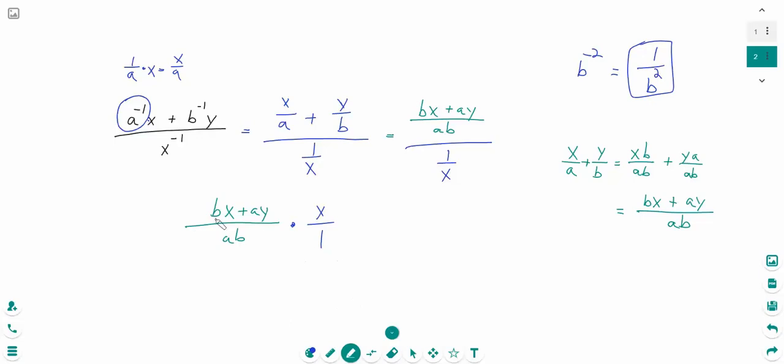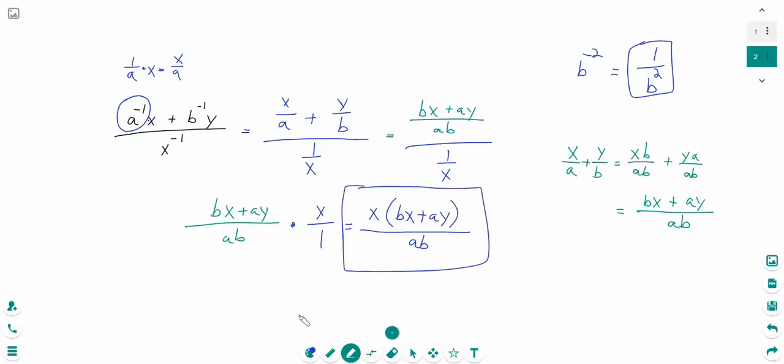And there's nothing to cross-cancel in this one. And so our final answer is going to be x times, notice the parentheses, bx plus ay all over ab. Now, I could distribute this x through. That's fine as well, but this would work as a solution.